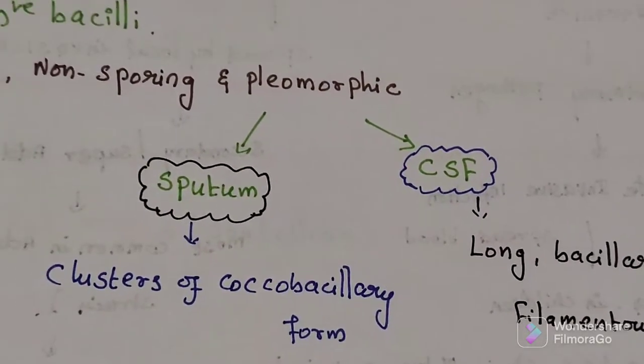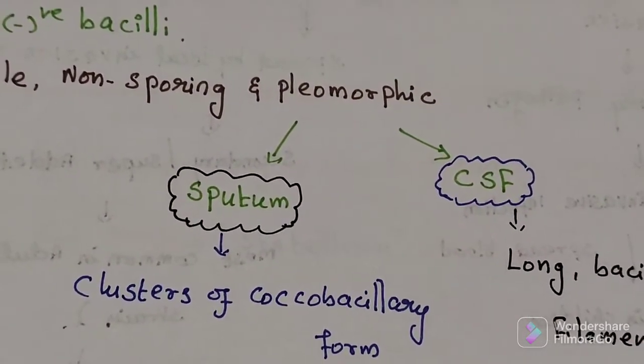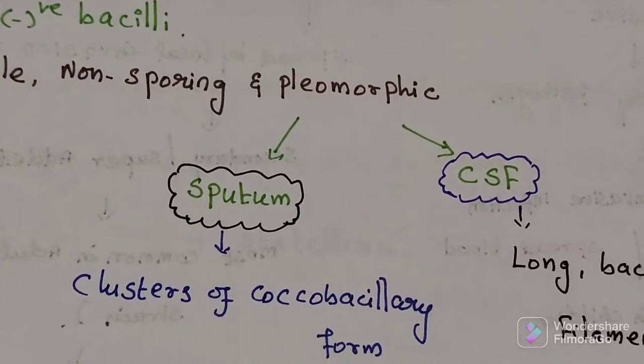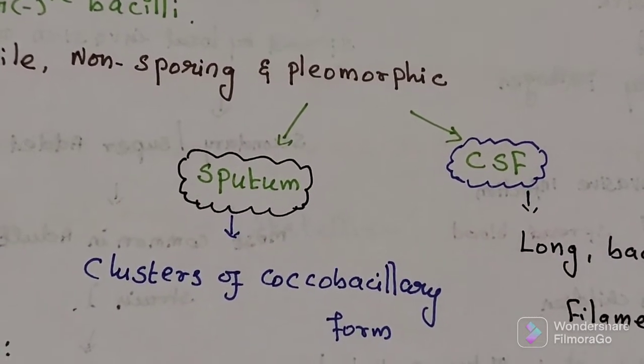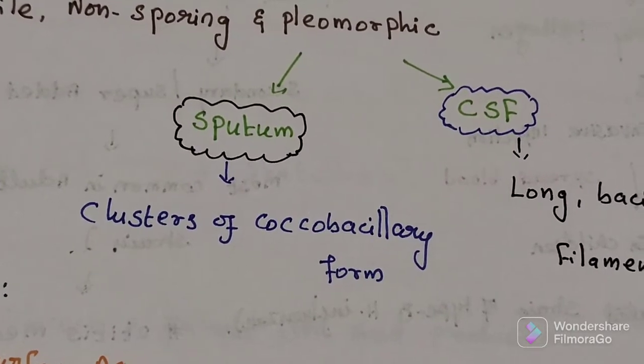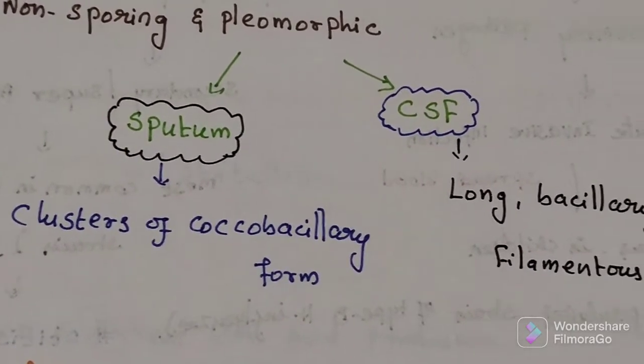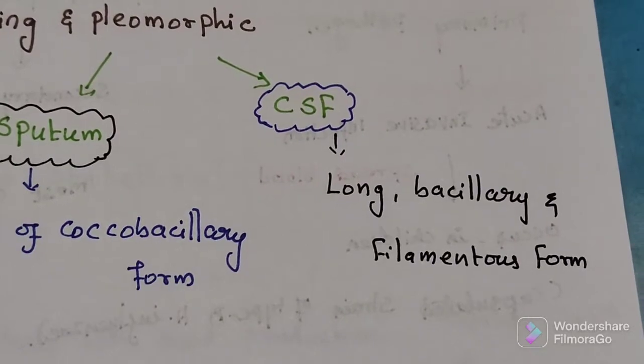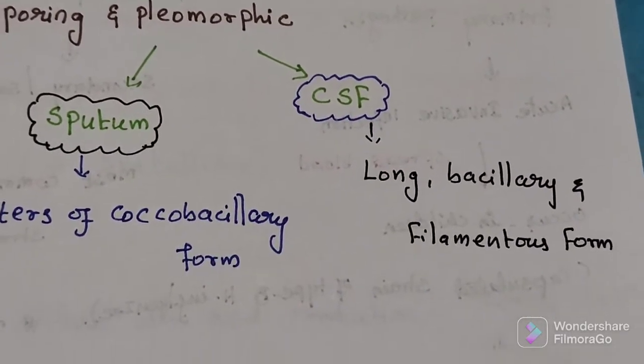So this organism is pleomorphic and doesn't have any particular shape: in sputum, clusters of coccobacillary forms, and in CSF, long bacillary filamentous forms.